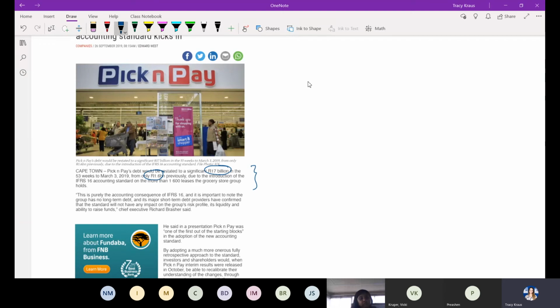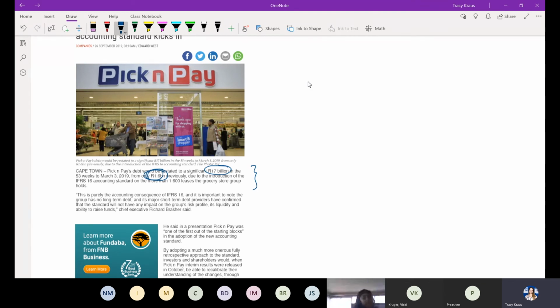Now, this shows us exactly why IFRS 16 was necessary. If you are an investor or a shareholder in Pick and Pay, that information of the obligations that they have in terms of their leases is hugely significant to their business model because they lease so much property. But when we only had 1.6 billion on their statement of financial position, we couldn't see what that obligation was.